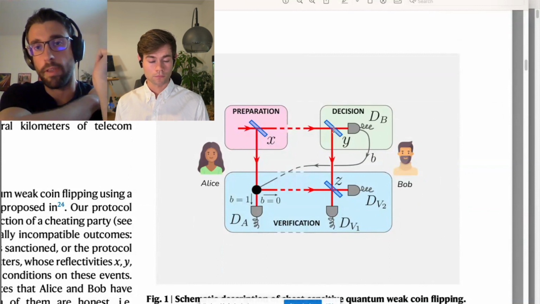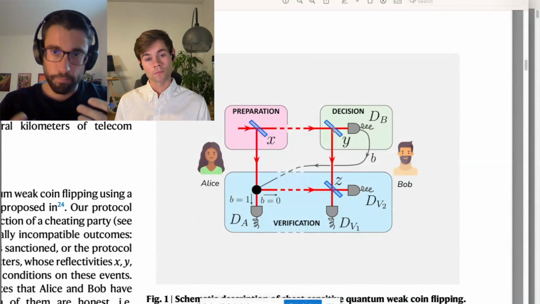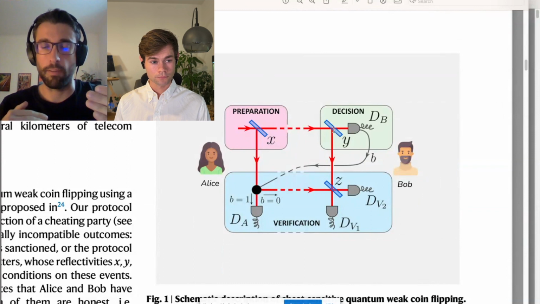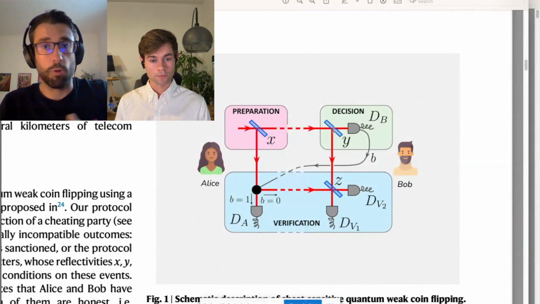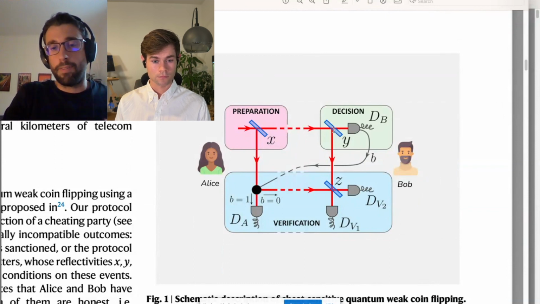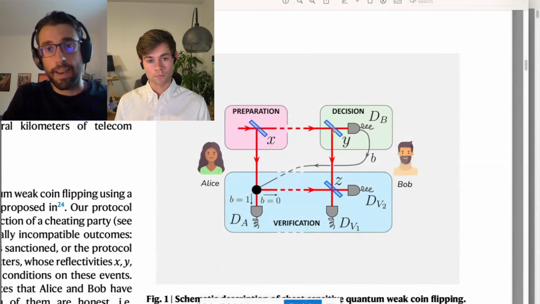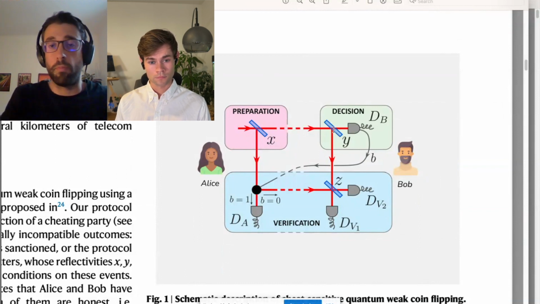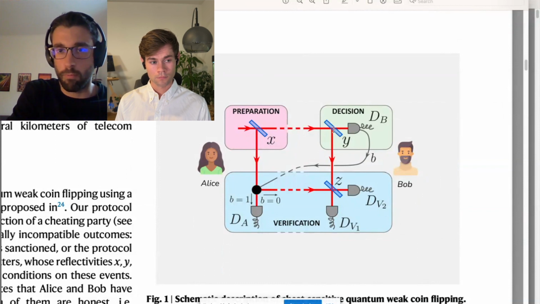If Bob declares himself the winner, then he will allow Alice to verify that he's not cheating. What Alice will do is check if she gets a photon on her detector. If Bob claimed that he was winning, this means that Alice should not get any photon on her detector. If she does get a photon, she knows that Bob was actually lying about winning the protocol.